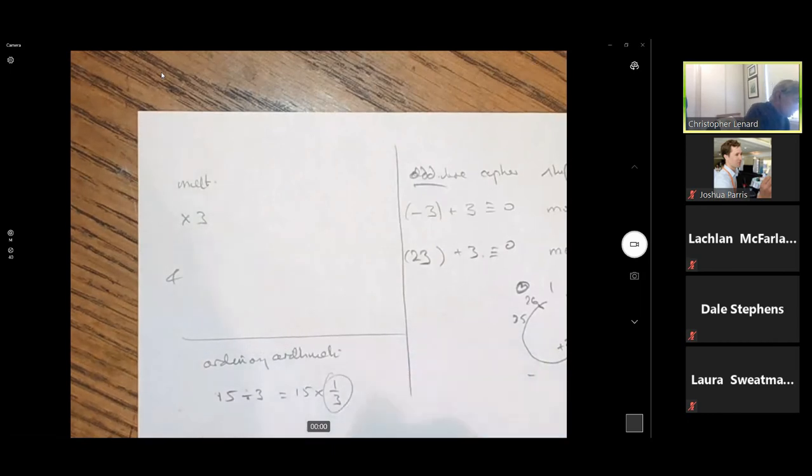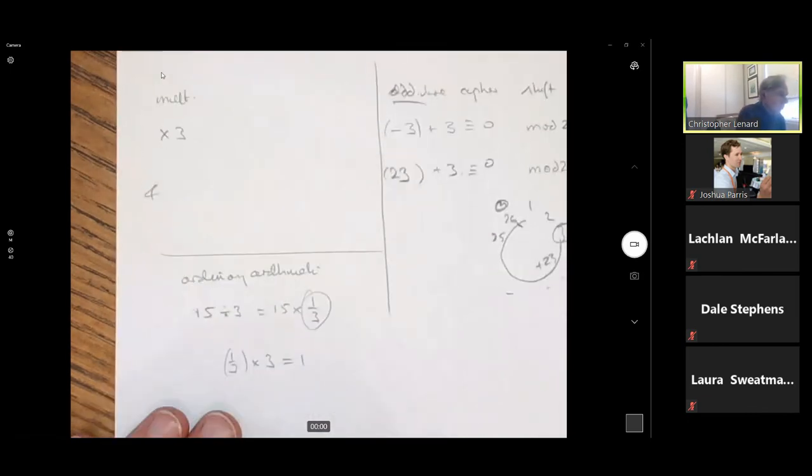And what's 1 over 3? 1 over 3 is the thing that you multiply by 3 to give you 1. So dividing by 3 in ordinary arithmetic is the same as multiplying by the reciprocal of 3. What's a reciprocal of 3? It's the thing that you multiply by 3 to give you 1.